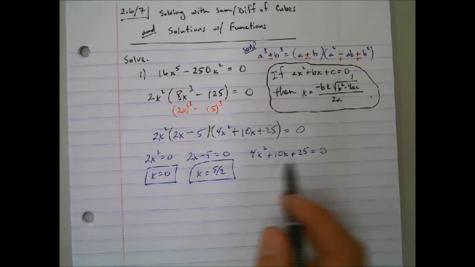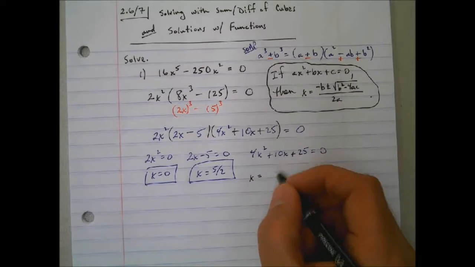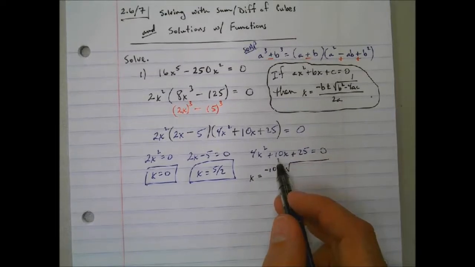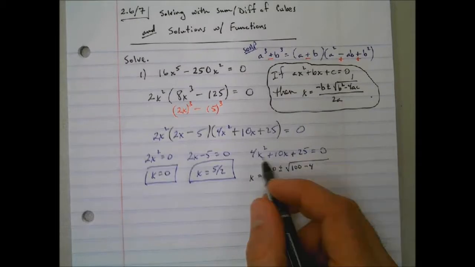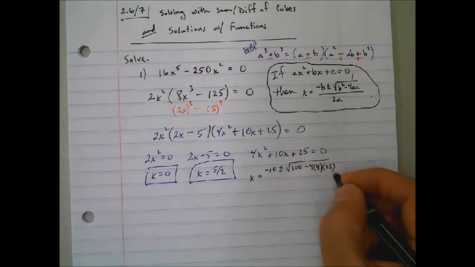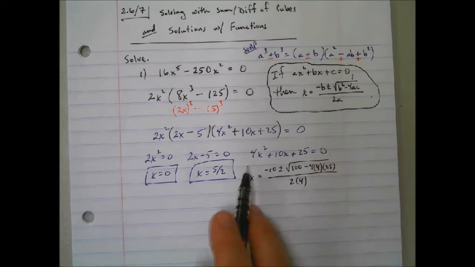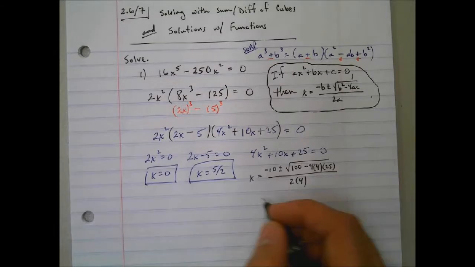A is 4, B is 10, C is 25. So x equals the opposite of the B, plus or minus the square root, square the B, so 10 squared, 100, minus 4 times the A times the C, all over 2 times the A. Okay, now you have to clean it up.